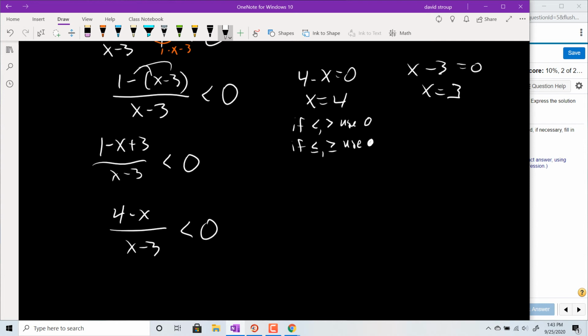To remind you that the open dot means a parentheses, and the closed dot means one of the brackets. For the denominator, this part is for the numerator. For the denominator, you always use open dot. So you never include it in your solution set.